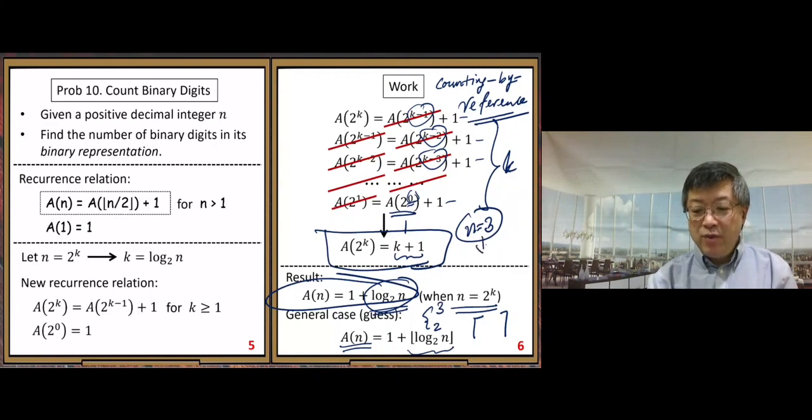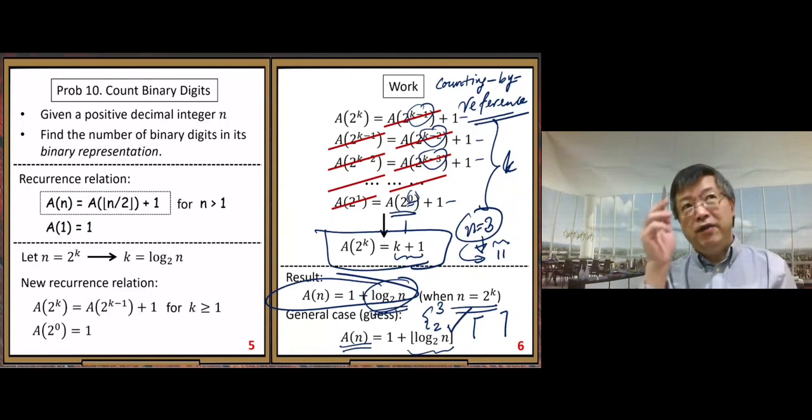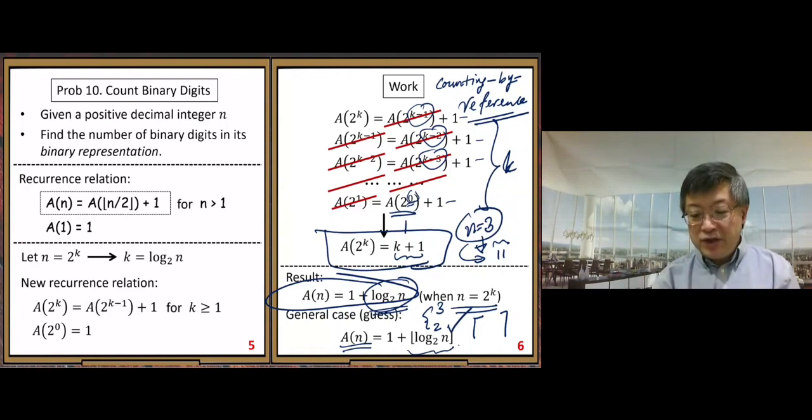But to represent n in binary, it's 1, 1. So you have two 1s. If you have two 1s, then 2 is the better answer, not 3. In that way, we can fix the floor version or the ceiling version. So that's a reasonable guess.